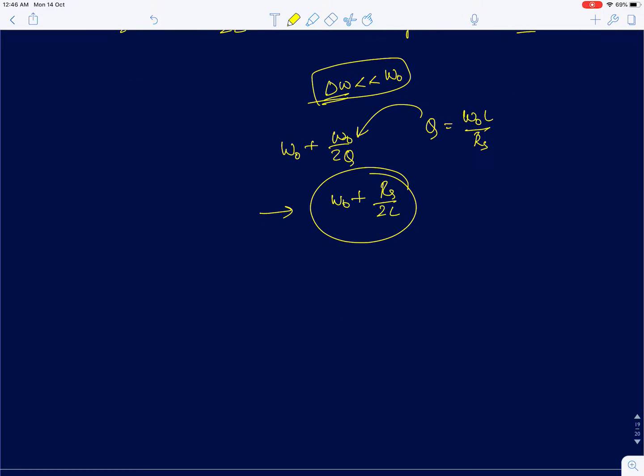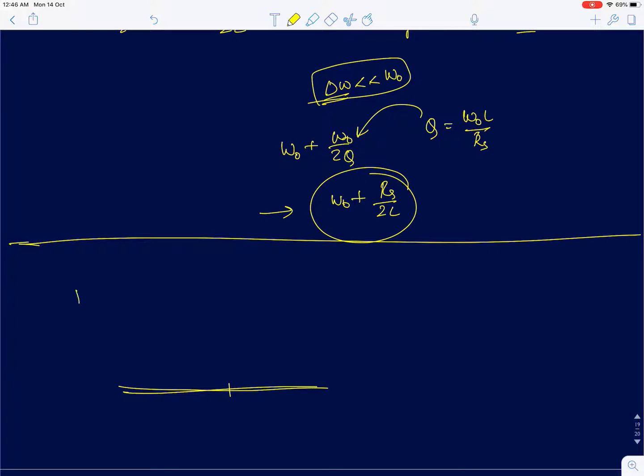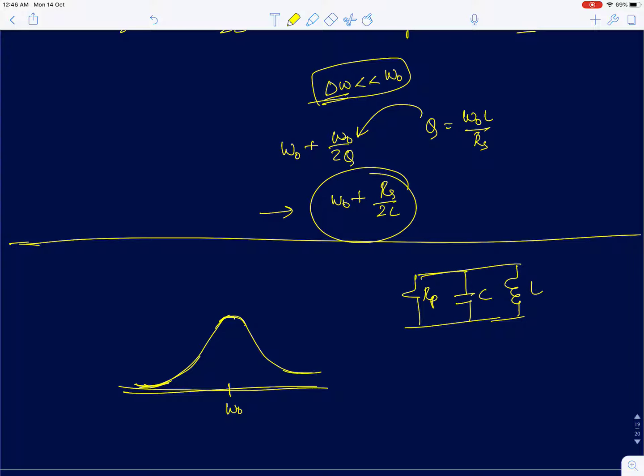In the same way, we can also show that, we have already done that, I'm just trying to reiterate it here. For a parallel RLC circuit, we know that the impedance at the resonant frequency is going to behave like a low pass filter.